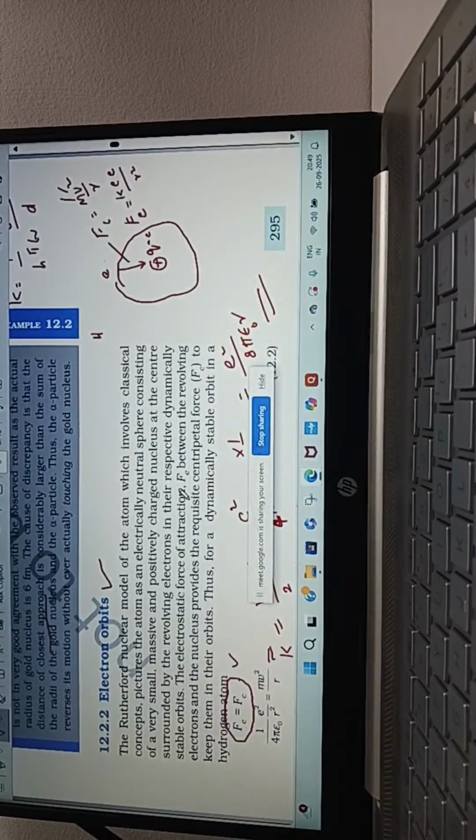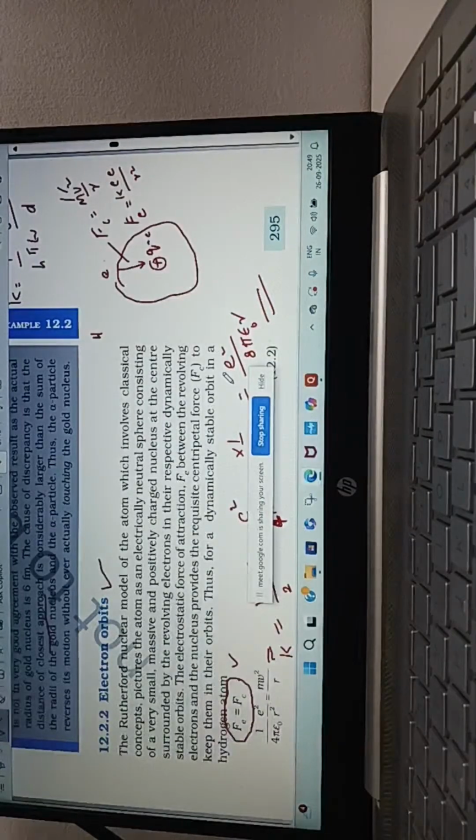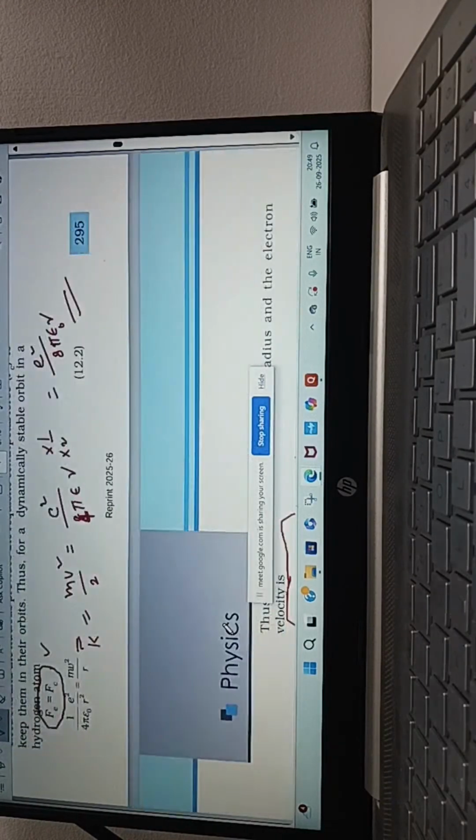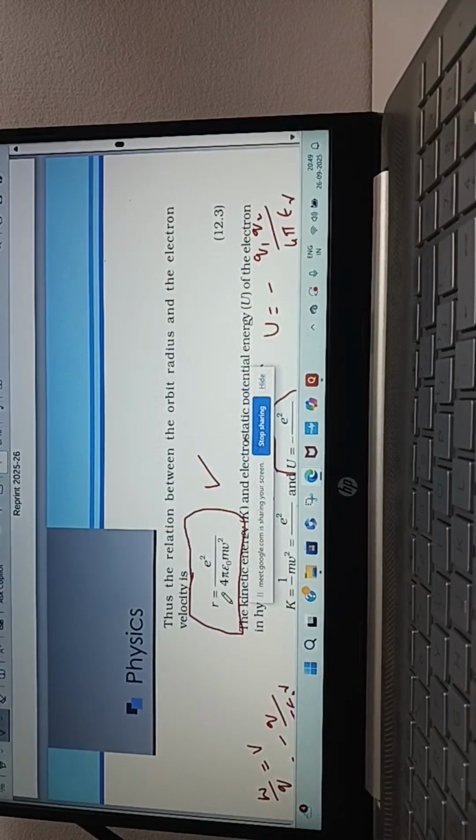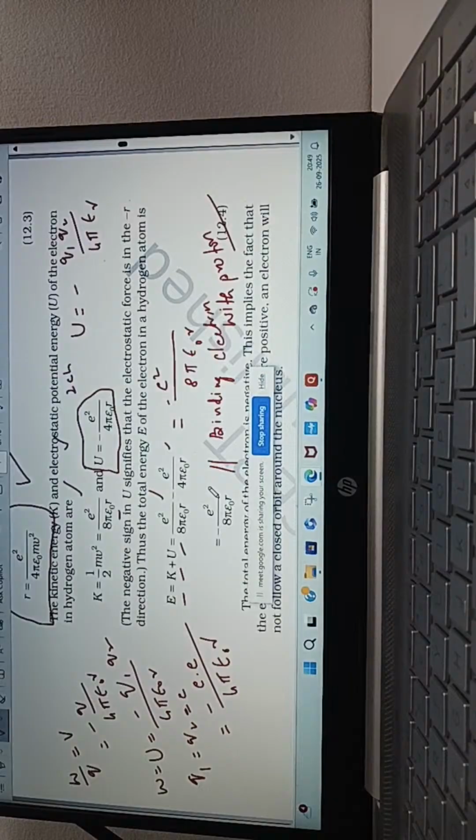According to Rutherford nuclear model, describe the hydrogen atom to find the expression for the radius of the orbit, kinetic energy, potential energy, and total energy.